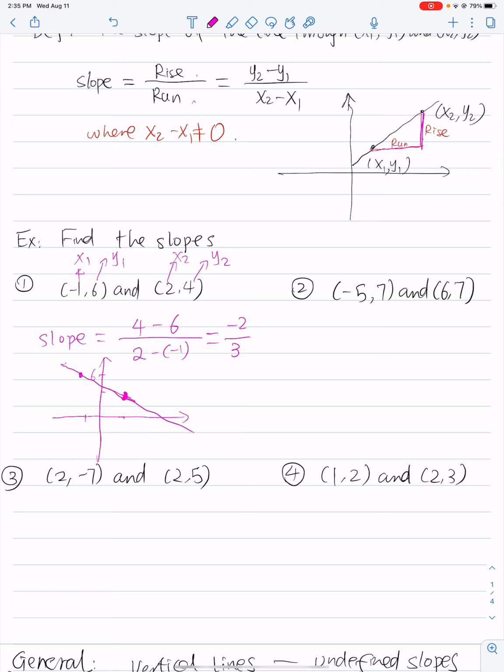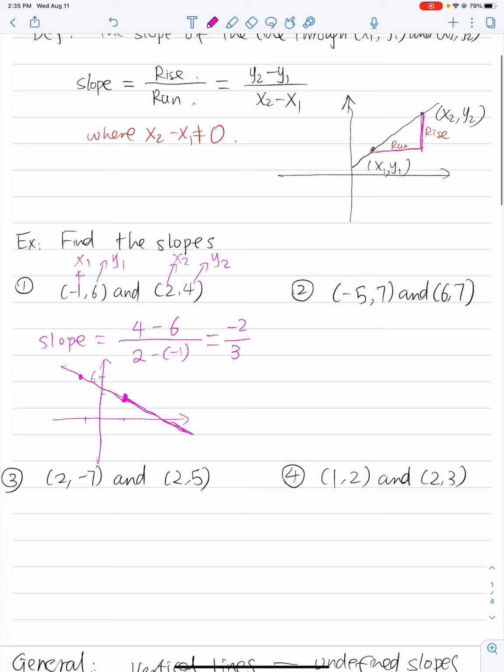It's like a wave, it's not like a line, yeah? So what do we have here? If the slope is negative 2 over 3, a negative slope means the line will go down.